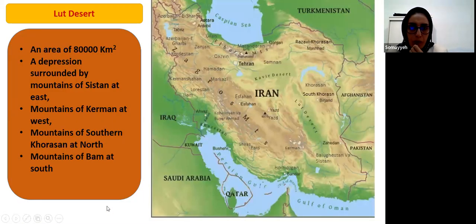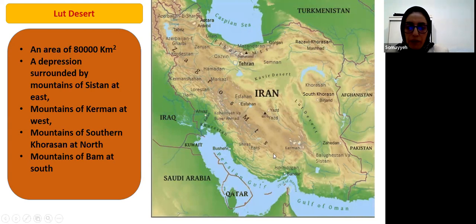With a look at Iran's map, we can see the Lut Desert in the middle part of Iran. It is a depression with an area of 80,000 square kilometers, and it is surrounded by different groups of mountains.